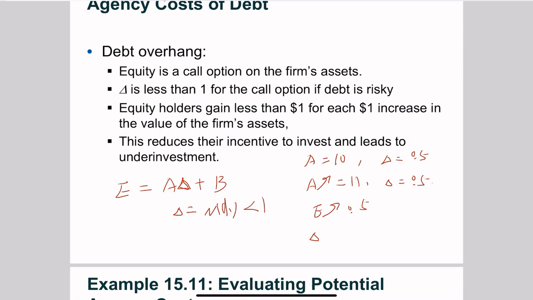This essentially reduces equity holders' incentive to invest in the firm, and it will lead to underinvestment, right? Because it's like, hey, if I increase the firm's value by 1, I only get 0.5. So most of the time, I won't want to make any investment.